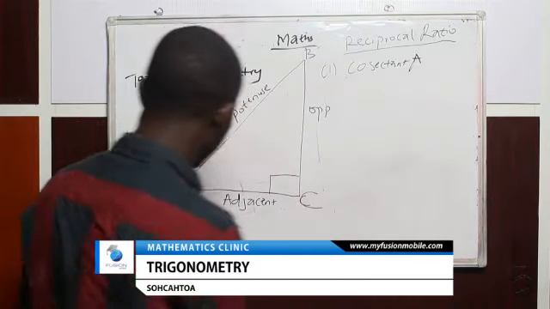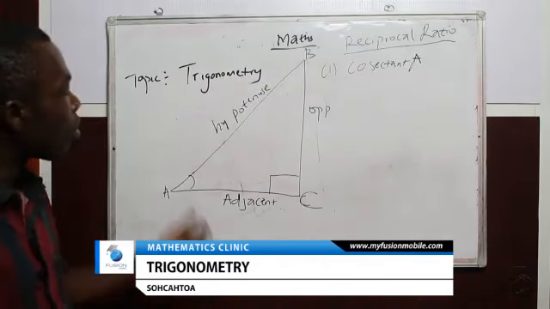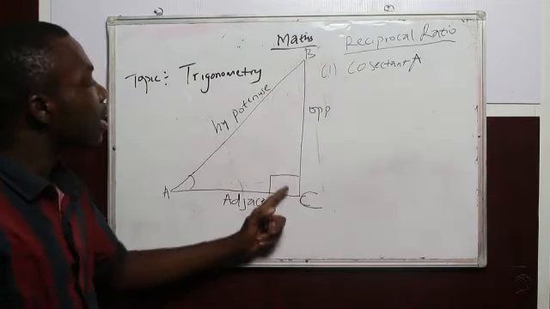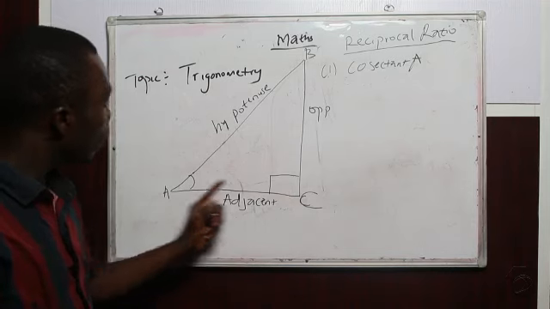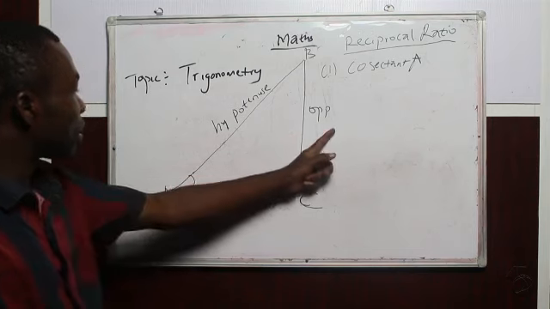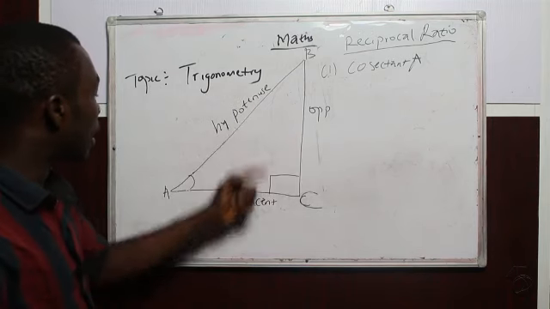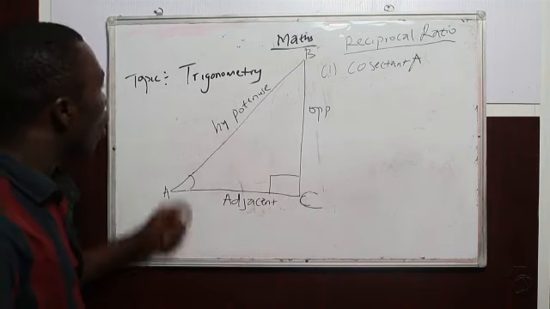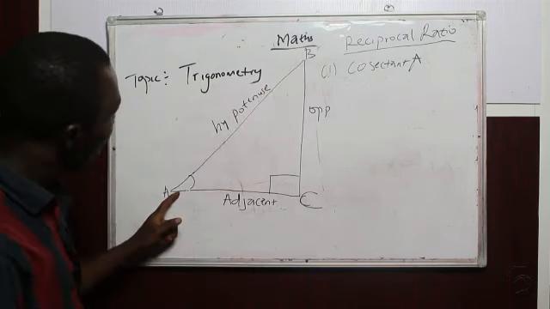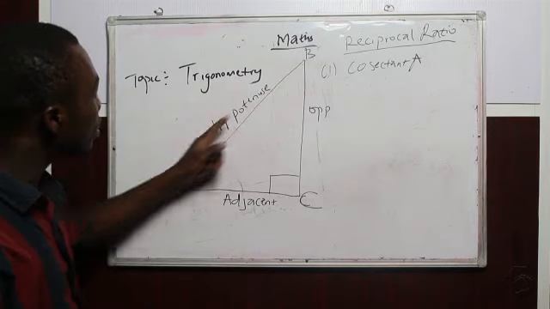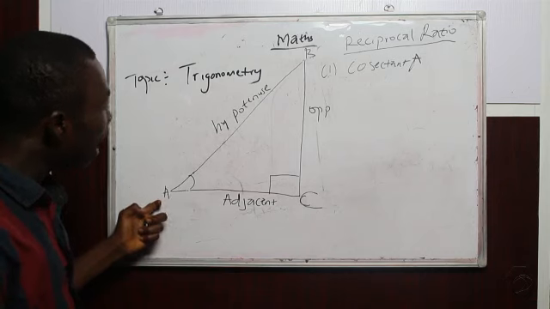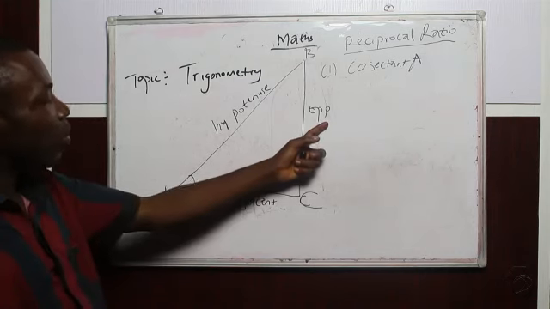Precisely, why are we considering A? Because there are three angles in this right angle triangle. We consider angle A because angle A has opposite, adjacent, and hypotenuse. Other angles in this triangle are B and C. But we consider angle A because the hypotenuse side of this triangle is the longest side, while angle A is facing this opposite side.